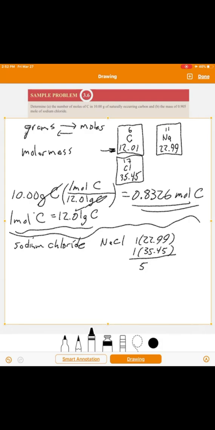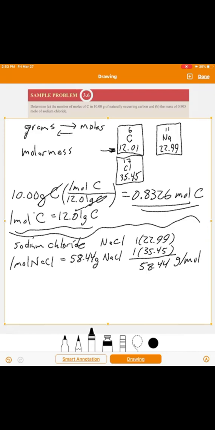So that would be 58.44, and again, the units are the same, grams per mole. So in other words, for sodium chloride, 1 mole of sodium chloride equals 58.44 grams.